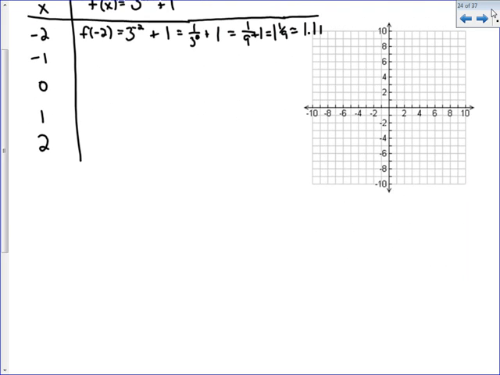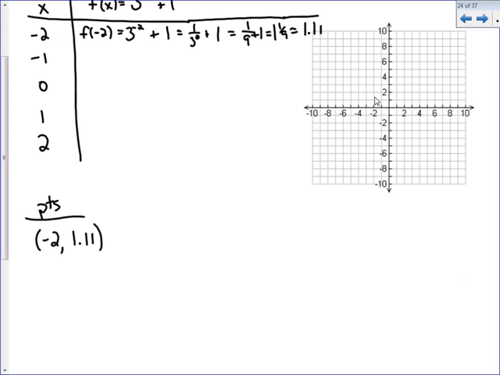My fat pen makes this hard. I usually put this as a third column. So my first point, my x value is -2, and then my y value worked out to be about 1.11. So if I go to my graph, I'm going to go on the x-axis back to -2, and then I'm going to go up 1 and then just a little bit more.